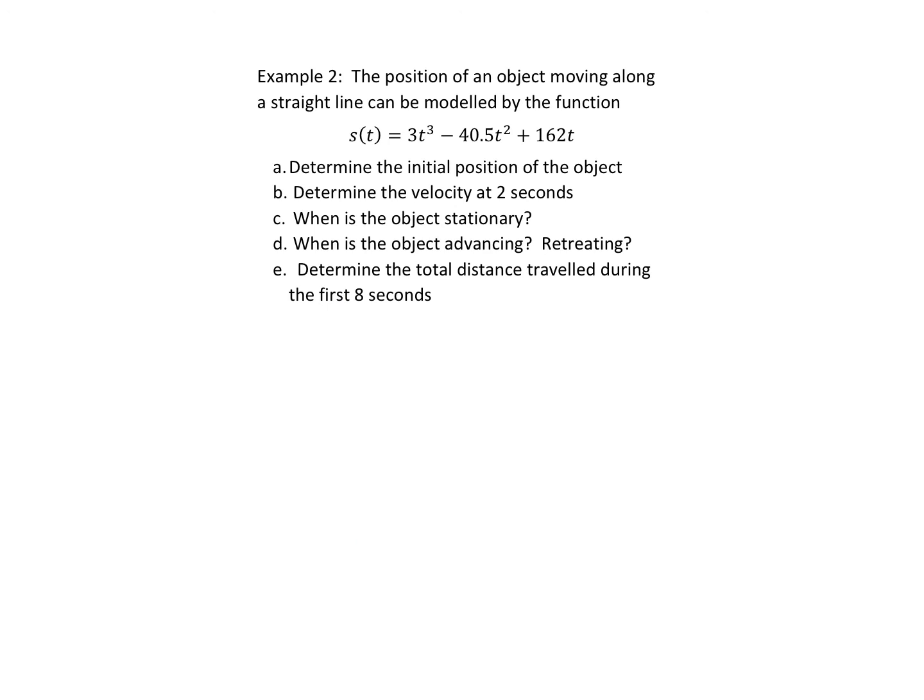Okay, sometimes you might have a particle that's just moving in a straight line. So the displacement is given as s of t, and the first thing it wants us to figure out is the initial position. So an initial position would be at time 0.